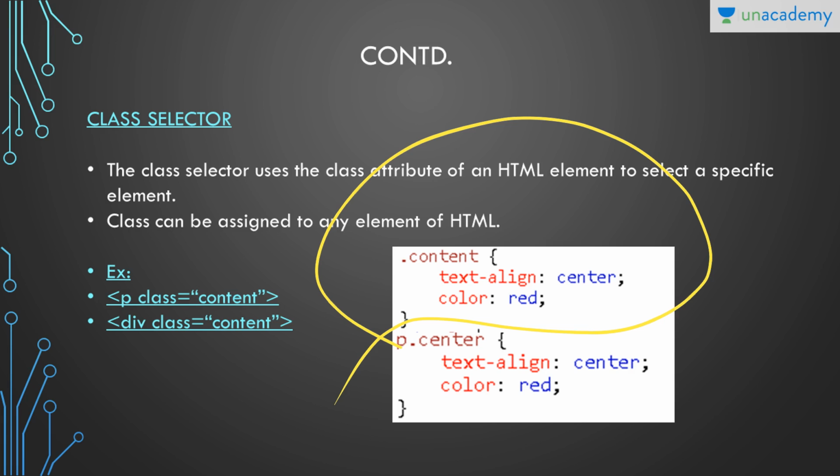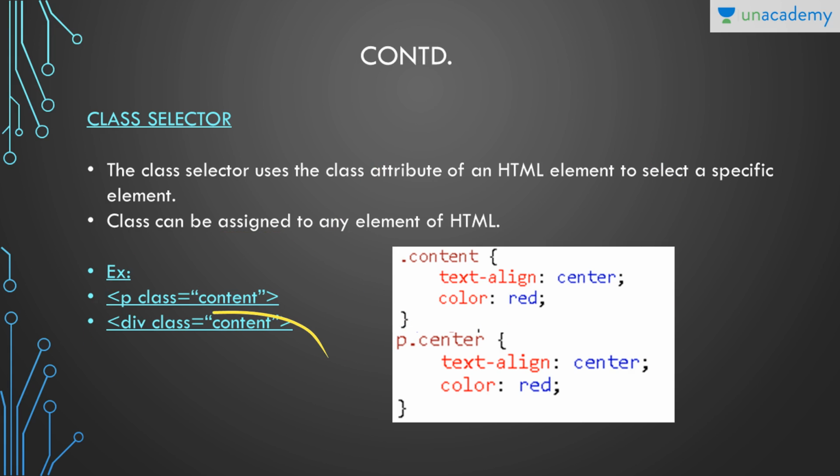Okay, so let us say I define a division with a class, and give it the name center. Okay, a class center. So my division has class center, and I also use a paragraph tag which also uses the class center.